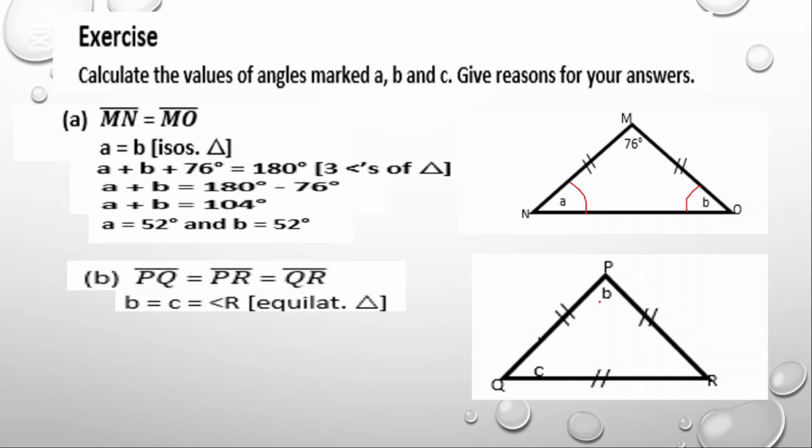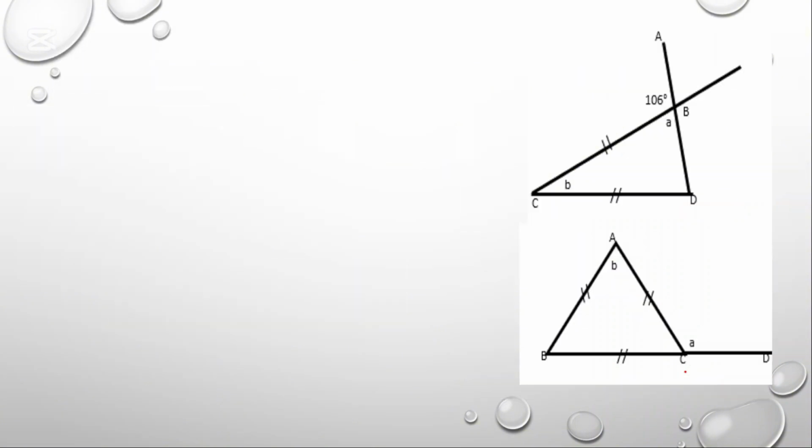So B is equal to C is equal to R. They are all equal. Reason, equilateral triangle. Next step. For that reason, B is equal to 60 and C is equal to 60. They don't ask for R, but R will also be 60 degrees.